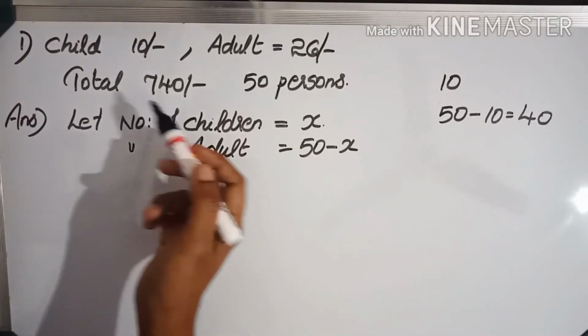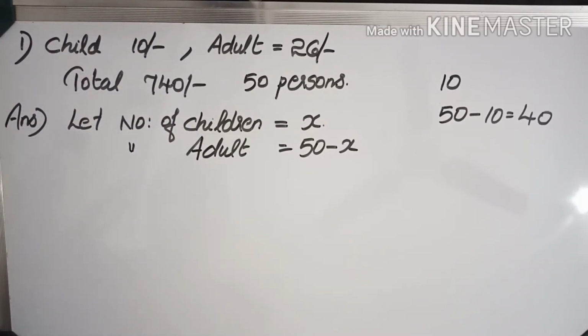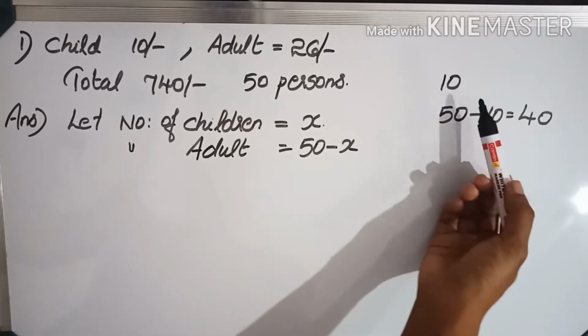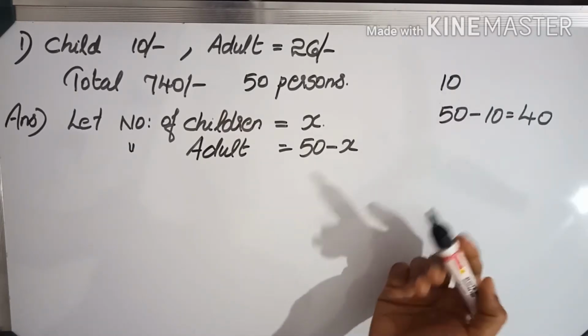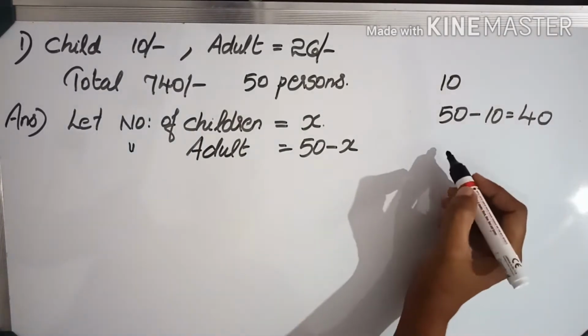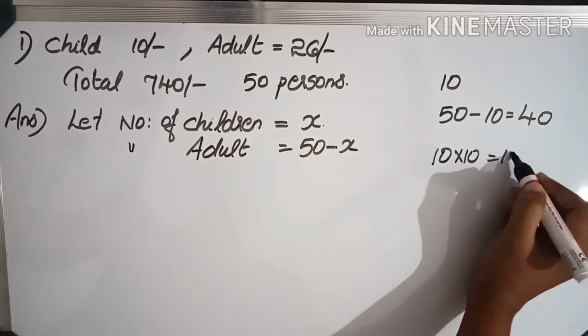Now in the next section it is given that total collection was 740 rupees. For example, if 10 children are there, how much is the amount collected from these 10 children? For one child the amount is 10 rupees. So for 10 children the amount will be 10 into 10, that is 100 rupees.